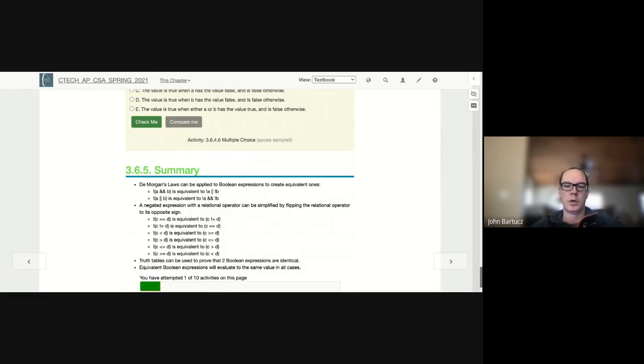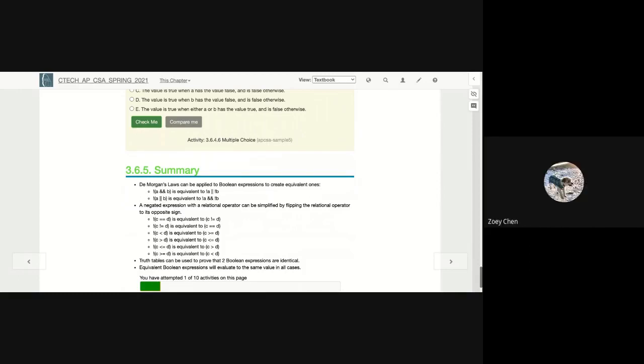So I can use either one of these. They're going to end up equivalent. So I'm just going to go through it quick. So A is true.